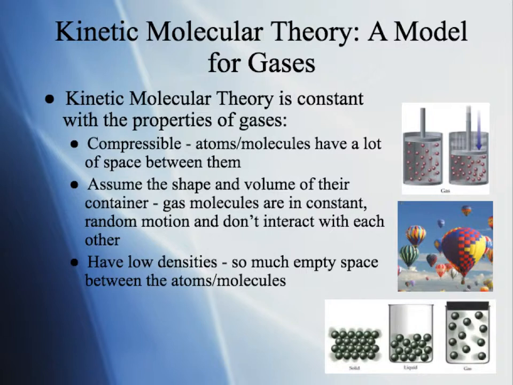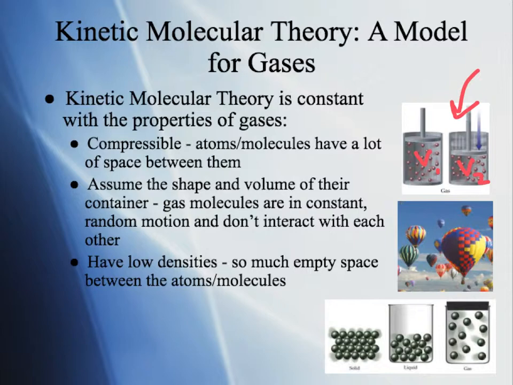So if we take a look at this picture, this is gas being compressed. Here's the initial volume, and here is, after we add some pressure to it, the second volume. And we can see that in the initial volume there's a lot more space between the molecules, and in the final volume there's less space in between the molecules.